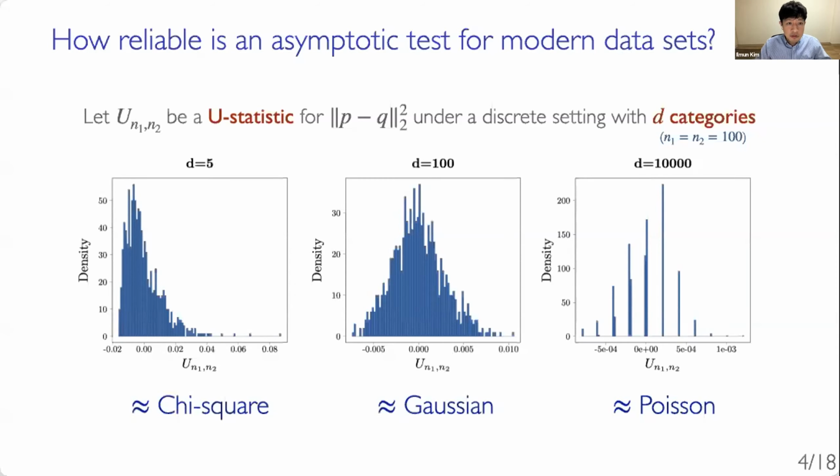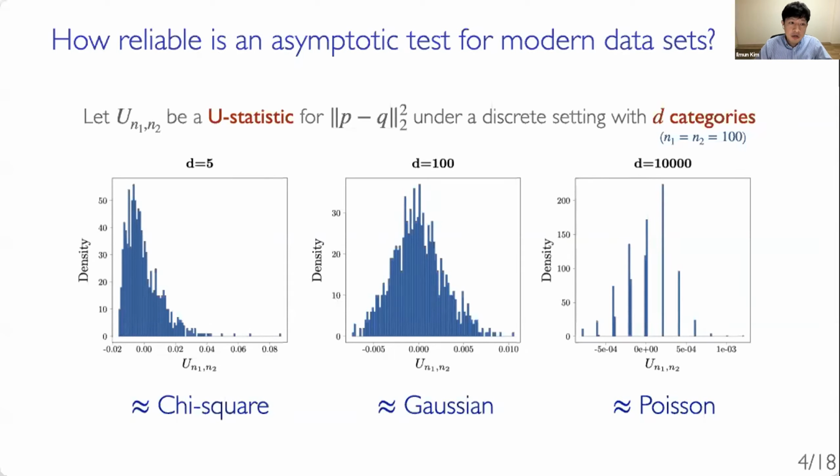So these empirical results clearly highlight the difficulty of estimating the limiting distribution of a test statistic. And from this, it is also clear that constructing a reliable asymptotic test is difficult or even impossible in high-dimensional settings where, basically without any further assumption, this is very challenging.